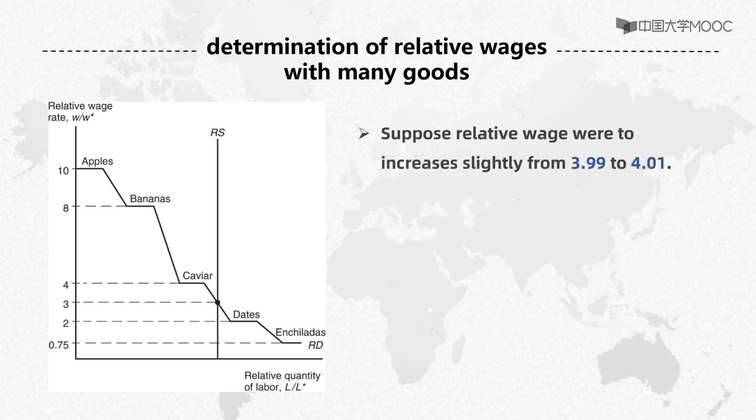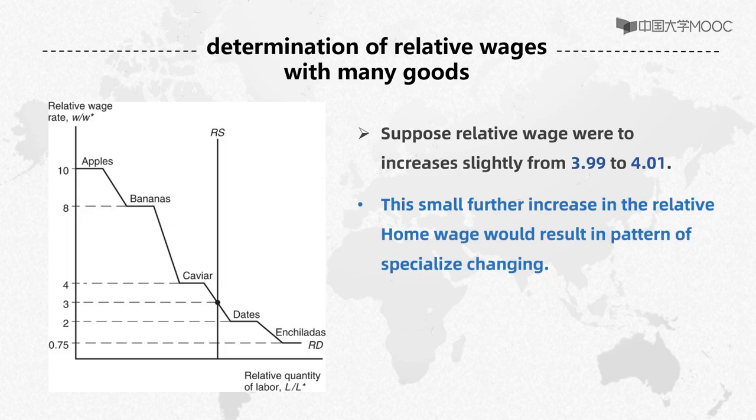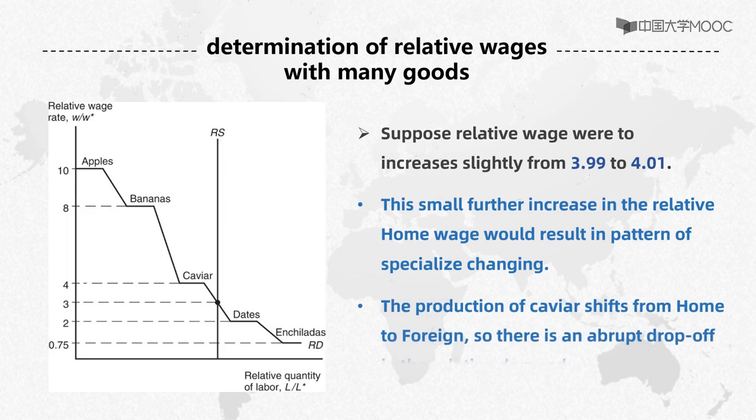Suppose now that the relative wage were to increase slightly from 3.99 to 5.01. This small further increase in the relative home wage would result in the pattern of specialization changing. The production of caviar shifts from home to foreign. So there is another abrupt dropping off in the relative demand.